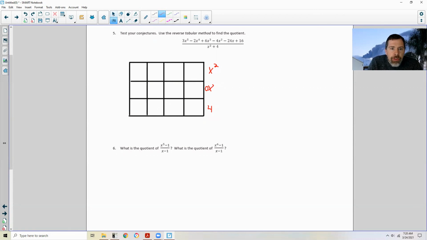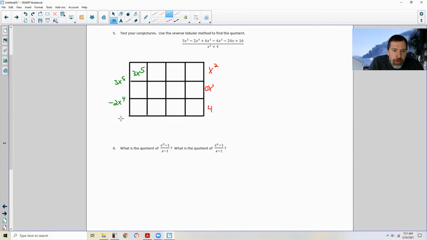All right. So let me just make these a little bit more uniform. That looks pretty good right there. So there's our table. We write our numerator over here. This box is going to give us 3x to the 5th. So I'm just going to put 3x to the 5th right there off the bat. And this is going to give me a negative 2x to the 4th.